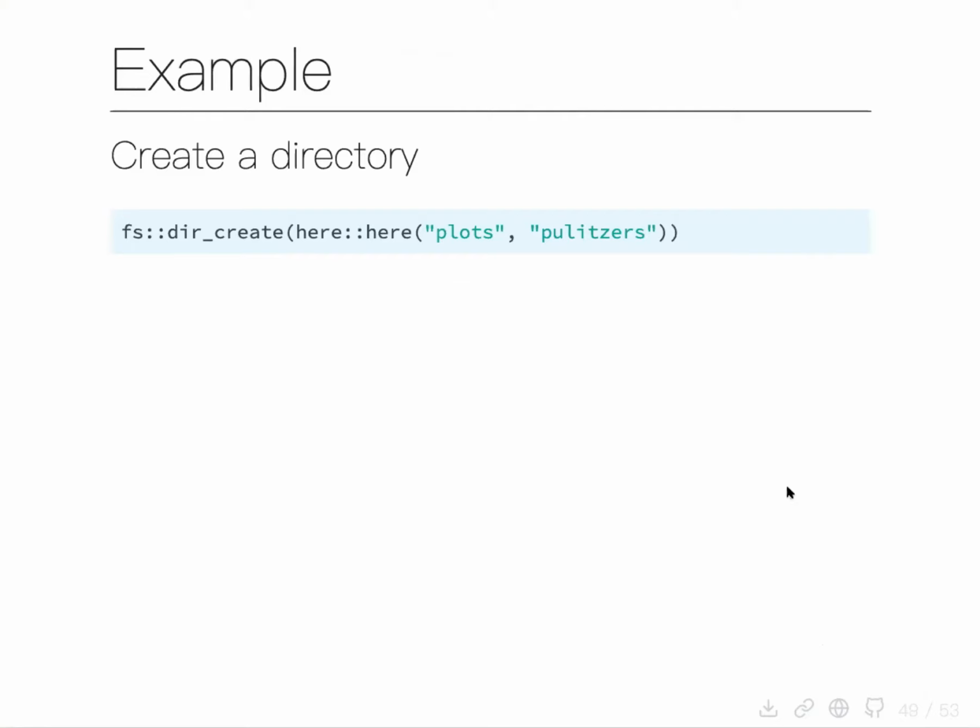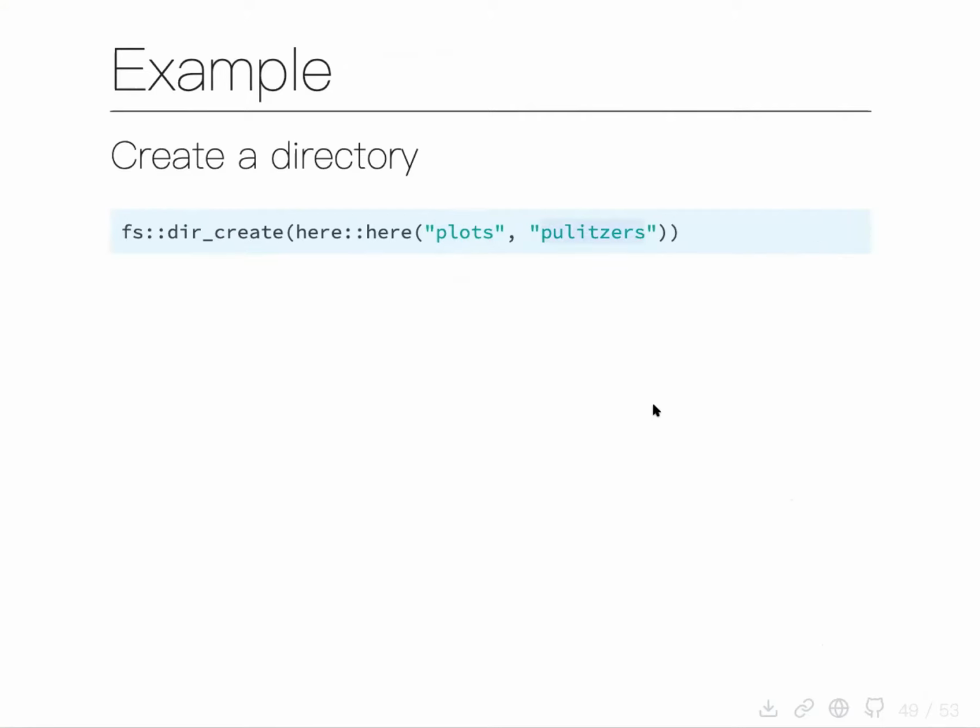Here's how we would do this, and you can feel free to follow along, but you don't have to. I'm using fs, which is the same package we used when we talked about batch loading. You could use base functions too, but fs is generally nicer in terms of defaults. So I'm saying dir_create here, plots, Pulitzers.